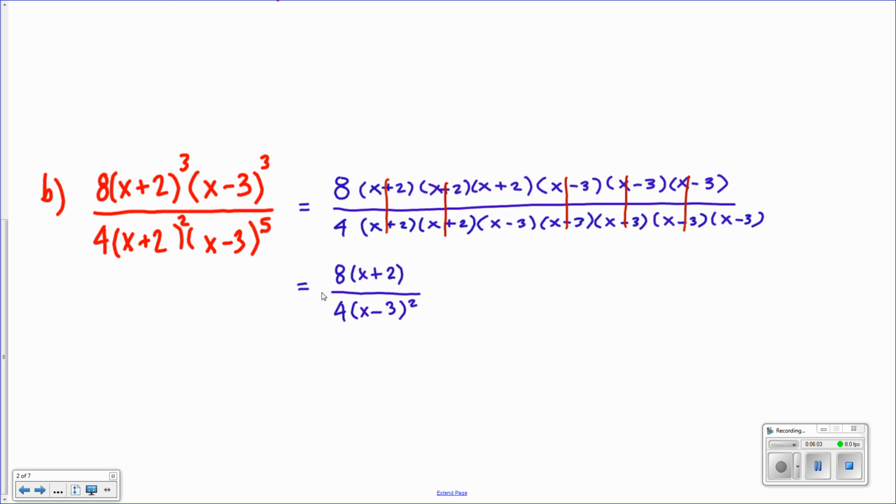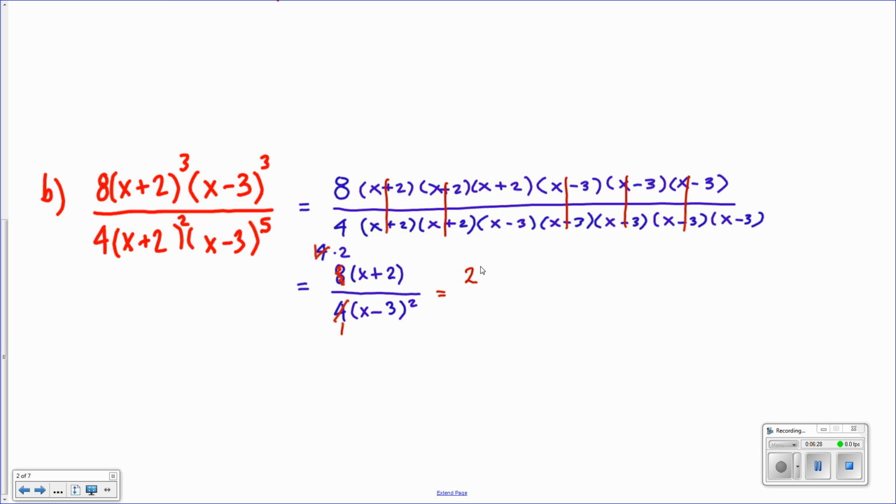Last thing here is let's focus on the monomial. You have 8 over 4, which is the same thing as saying 4 times 2 over 4, in which case the 4 and the 4 give me 1, and what I'll be left with is 1 times 2 times the quantity of x plus 2.